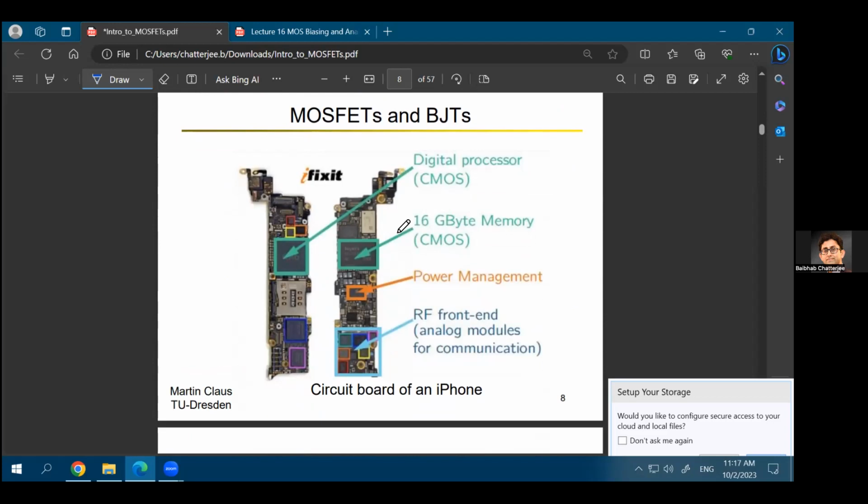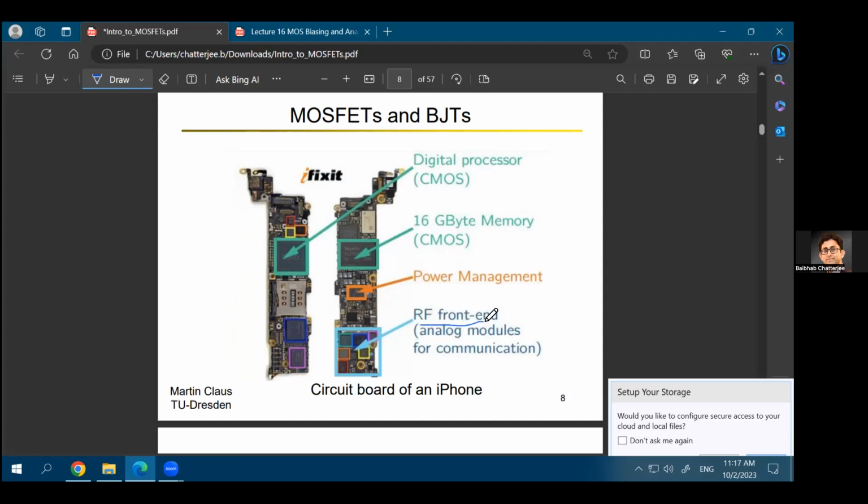Now, where are these used? As I mentioned in the beginning of the lecture already, it's used everywhere. In all the electronic devices you are using today, all of them are using these MOSFETs, as well as BJTs in some cases. So if you look into the circuit board of an iPhone, there is an RF front end, a radio frequency front end, which is receiving the signals when you receive a call or when you're surfing the internet.